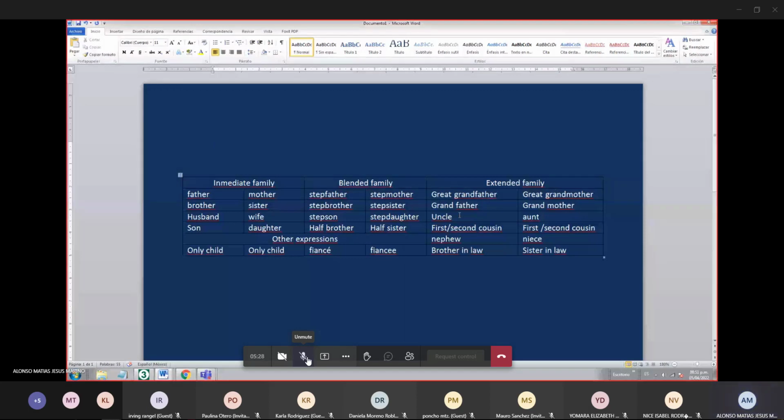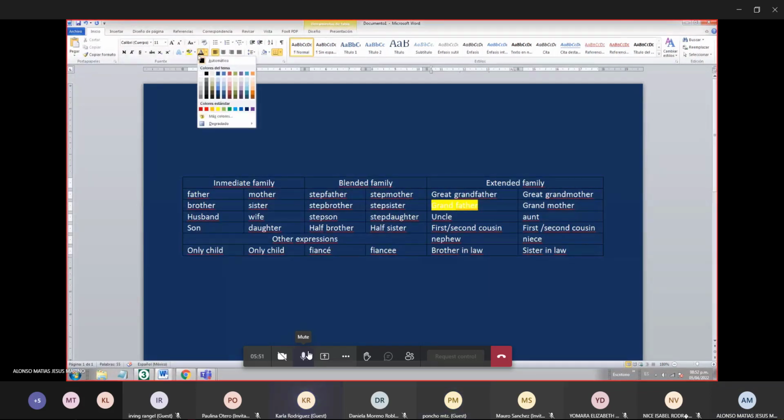For example, great-grandfather. Then we have great-grandmother. Then we have grandfather. We also have grandmother.